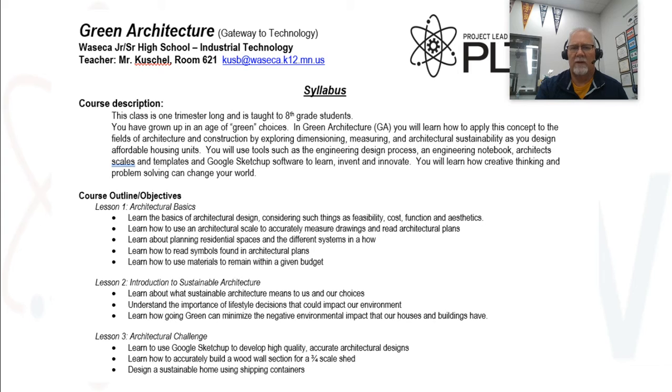You'll use tools such as an engineering design process, an engineering notebook, architect scales and templates, and Google SketchUp software to learn, invent, and innovate. You will learn how to be creative in your thinking and problem solving and how that can change the world.